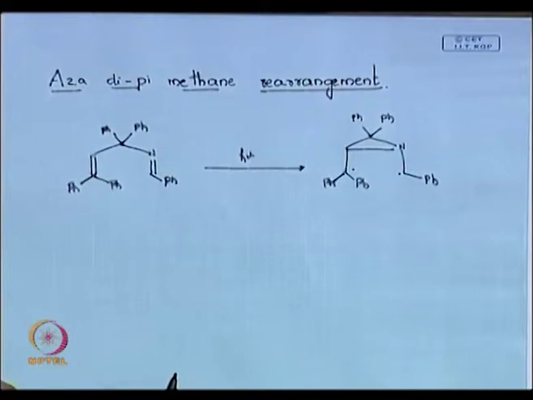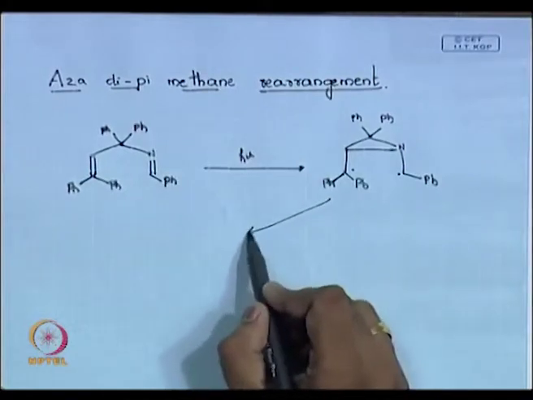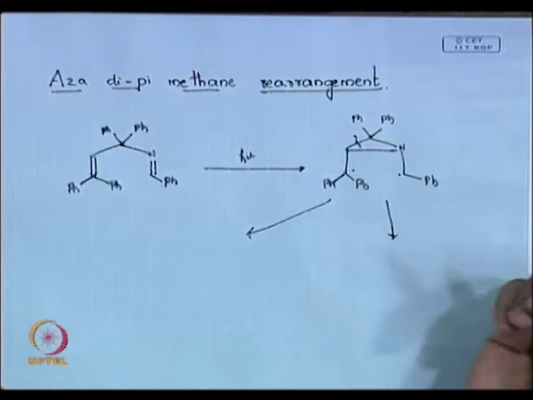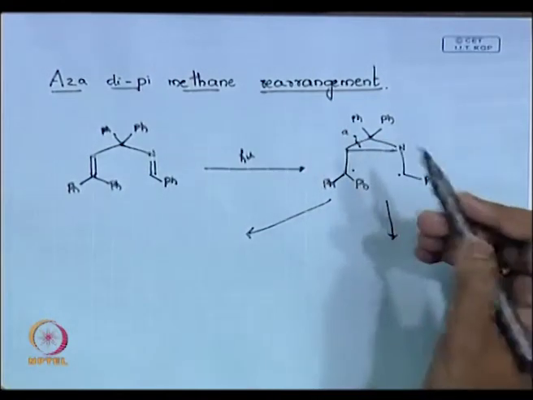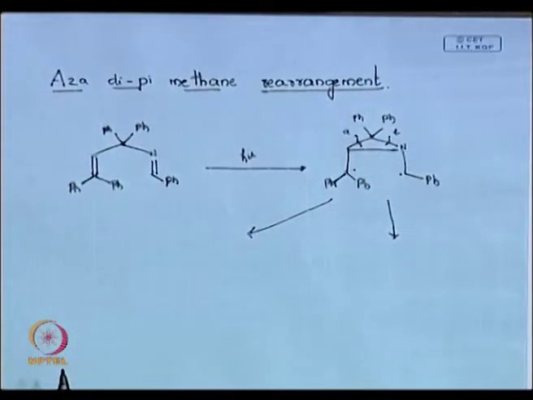So, we said that you can cleave this in both ways. One, you can cleave in this direction, so that we can call this A. Another way you can cleave around this way, so we can call it B, fine.